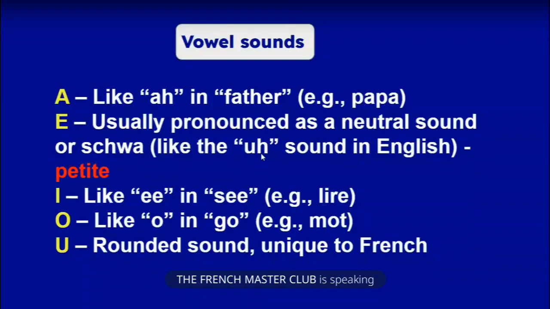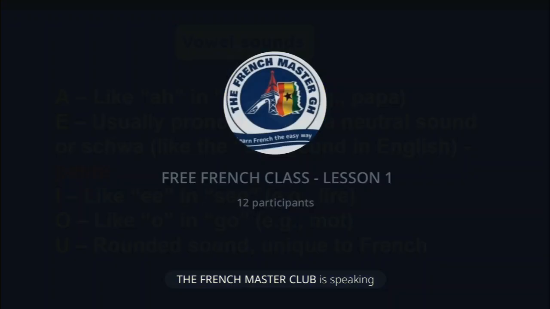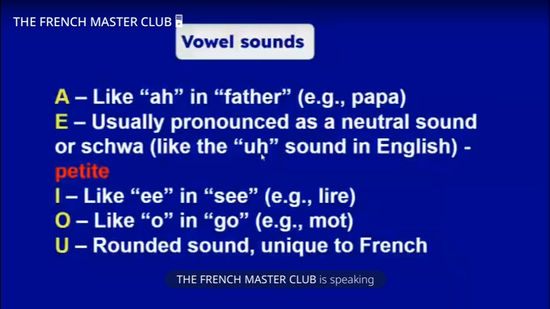You can see that when I'm saying petite, it becomes silent at the end. Except for some of the articles like le. You have exceptions to that, but in other words it is always silent.